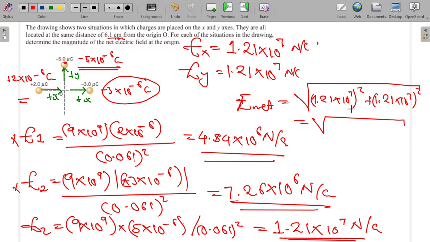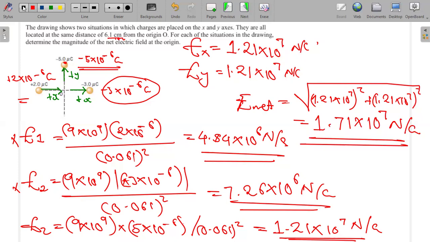Anyone? Okay, if I plug it into my calculator the way it is, it's giving me the final answer: the net electric field at the center, which is the origin, is equal to 1.71 times 10 to the power 7 newtons per coulomb. That is the net electric field.